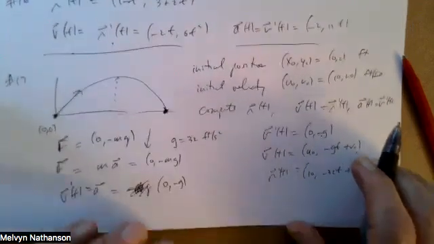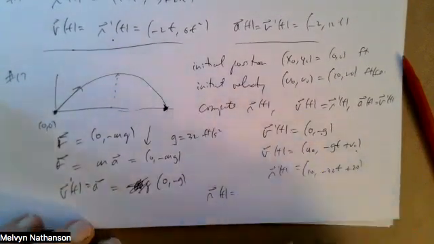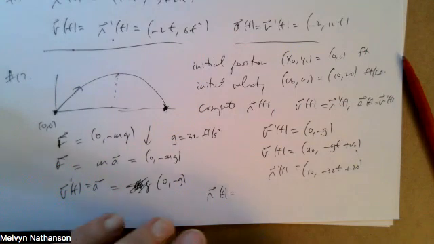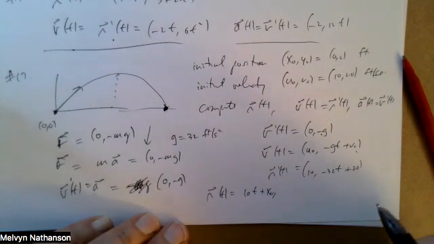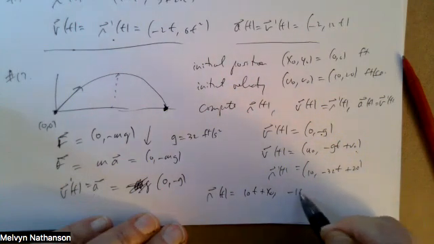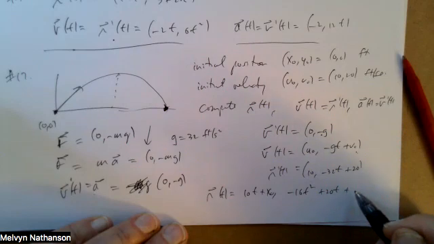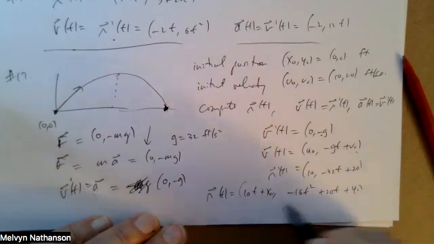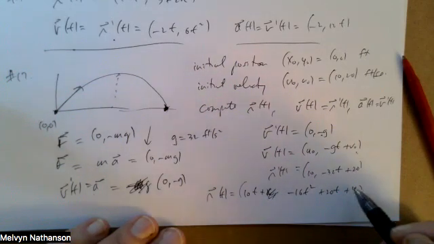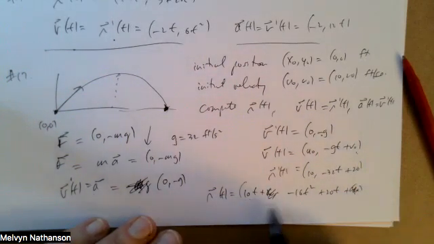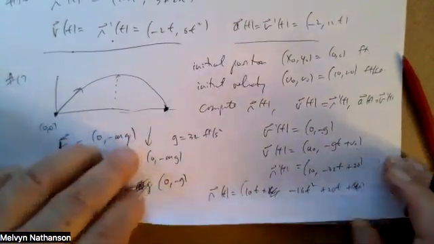So that's r prime of t. So r of t, the position of this particle, is 10t plus x naught, we're integrating, minus 16t squared plus 20t plus y naught. Of course, x naught, y naught, the starting position, are 0.